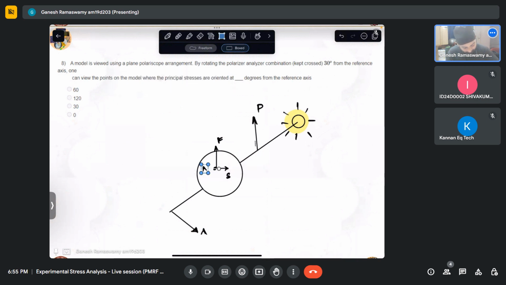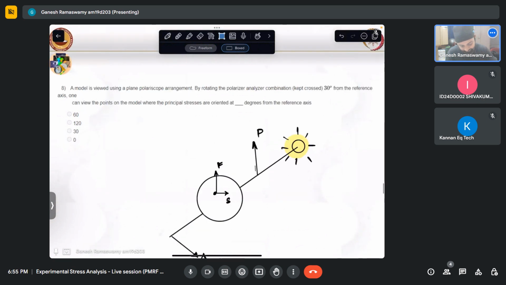By rotating the polarizer analyzer combination, kept crossed, by 30 degrees from the reference axis, what we are saying is we have shifted to this point.